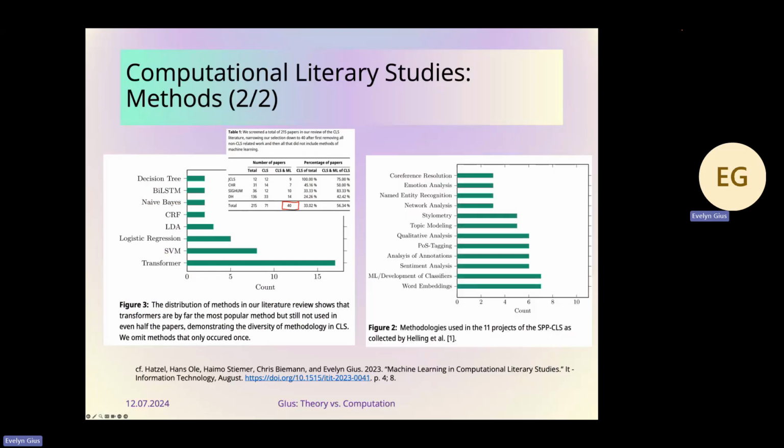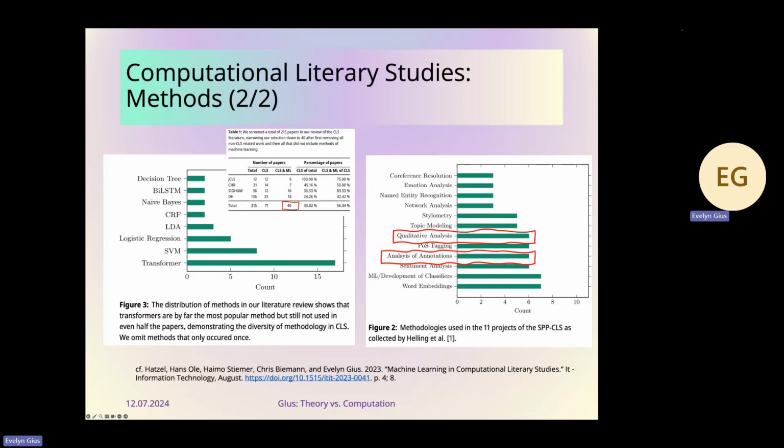I'm not going to say that now, but I'm going to present another overview, again on methods in computational literary studies, done by a group that's part of the priority program that's also called Computational Literary Studies. They just asked their projects, which methods do you use? Without specifying machine learning methods, so generally methods.